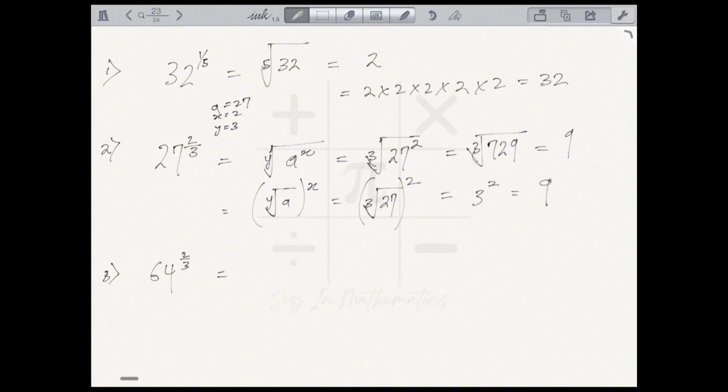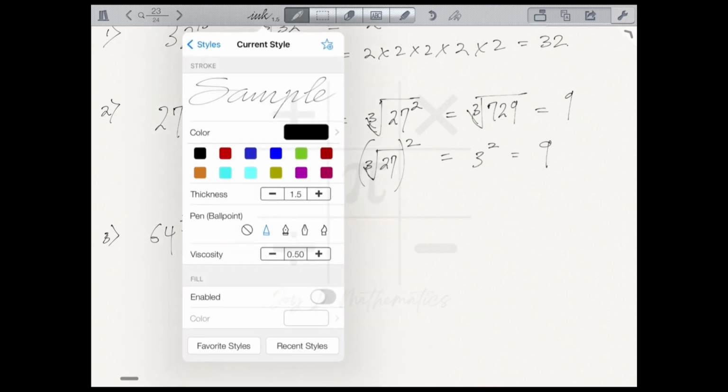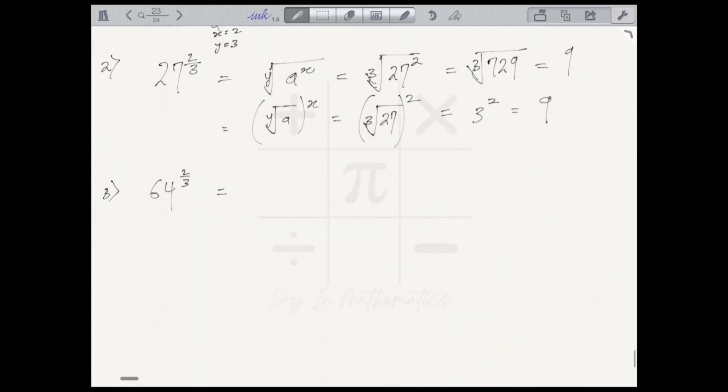In this case, our 2 will act as the power, our 3 will act as the root, and 64 is the number. Let's recall our formula: a raised to the power x over y is equal to the y-th root of a, all raised to the power x.